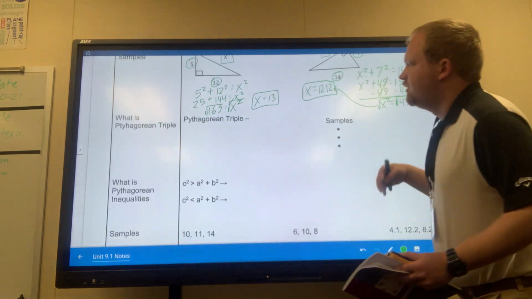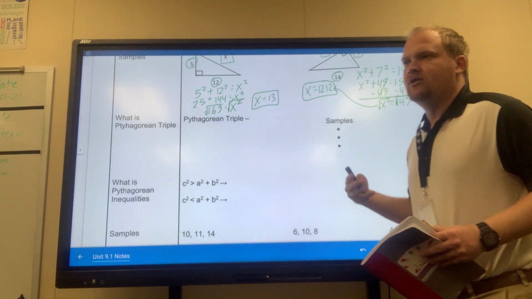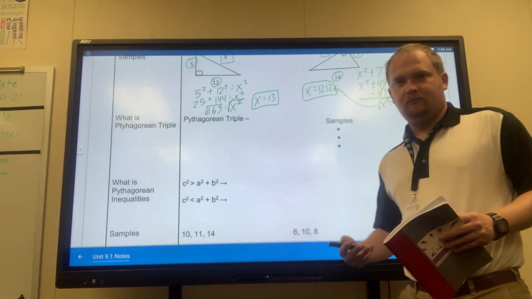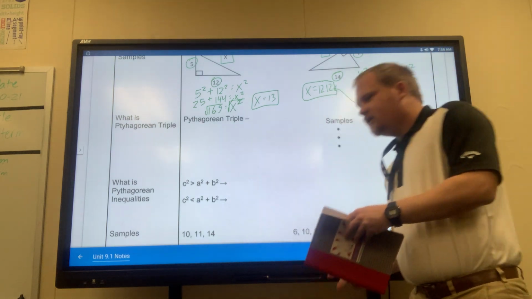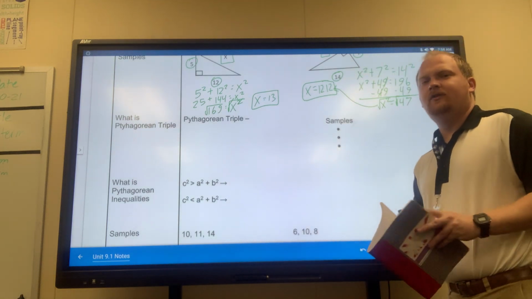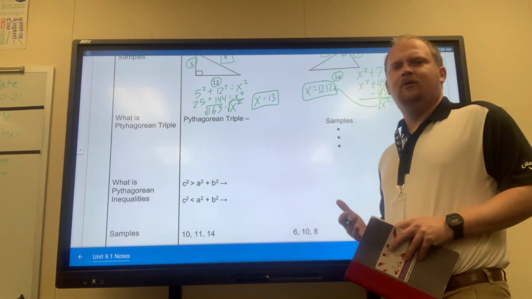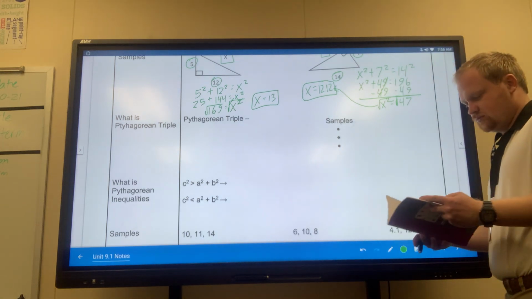Now, there is something interesting called a Pythagorean triple. These don't happen that often, but they're very neat.